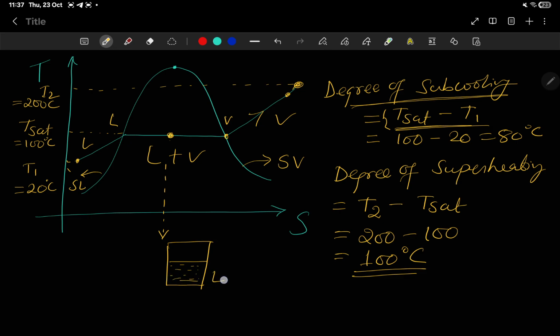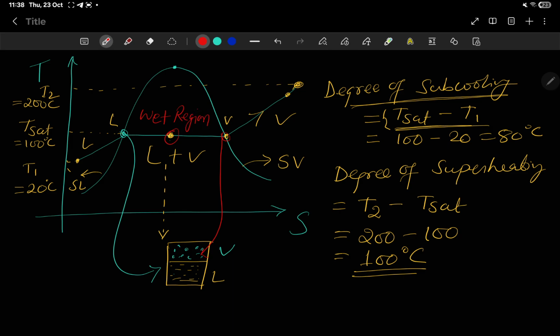Here we will have liquid and here we will have vapor molecules. The liquid is coming from here, and the vapor is coming from here. At this point we have a combination of liquid plus vapor, right? This region we call the wet region.